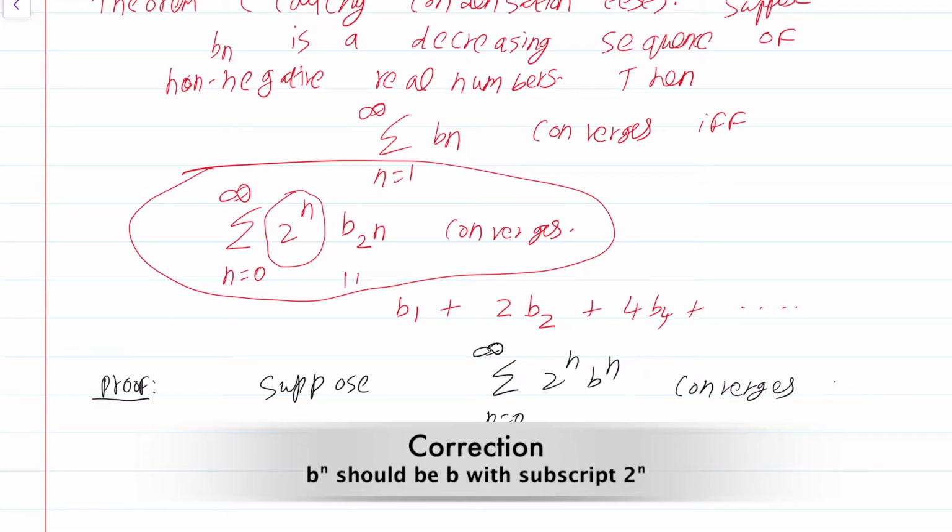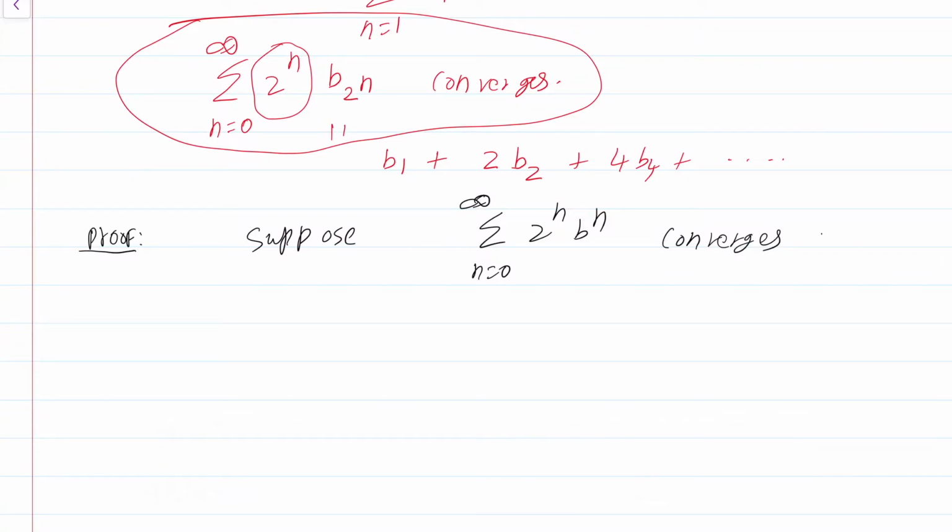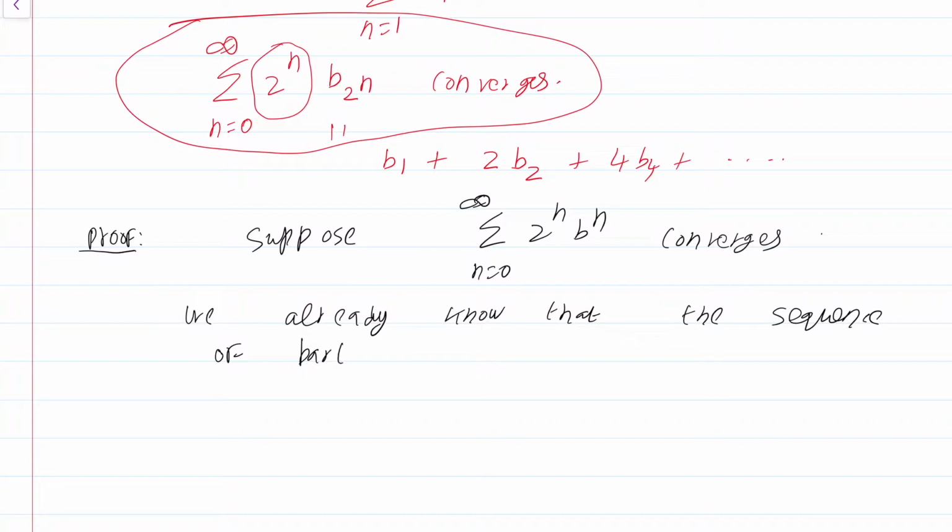Okay, now what I do is, we already know that the sequence of partial sums of Bn are increasing, right? Simply because the sequence Bn is non-negative. Because of that, the sequence of partial sums will be increasing.